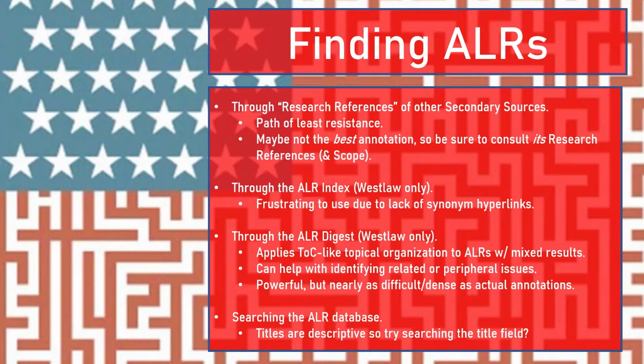Now finally, and most intuitively, you can simply search the ALR database to find annotations. And here, those descriptive titles of ALR annotations can really help you to get more focused results if you simply search the title field. And I'll show you how to do that in just a moment.